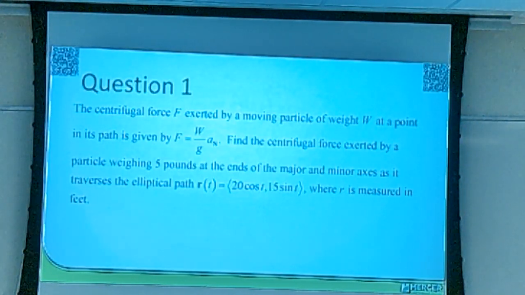R is measured in feet. And the A sub n is the thing that we're solving for. No, we're finding F. But we need to find the centripetal acceleration first.